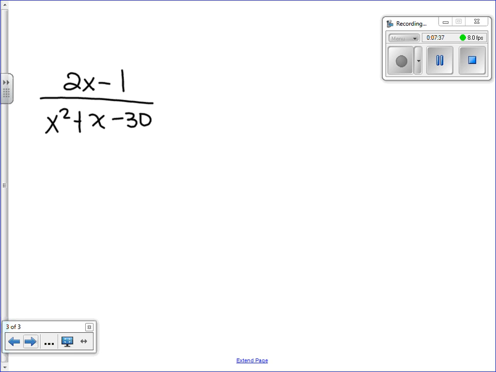So we have to factor the denominator. What does it factor to? X plus 6, x minus 5. So if I'm talking about restrictions here, x cannot be what? Exactly. Very good.